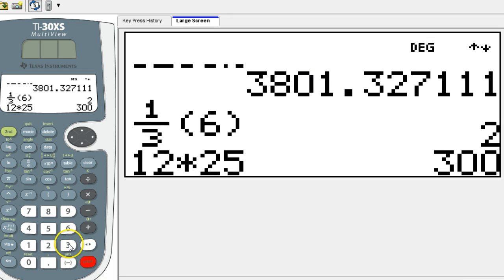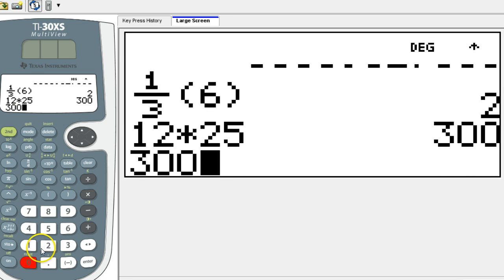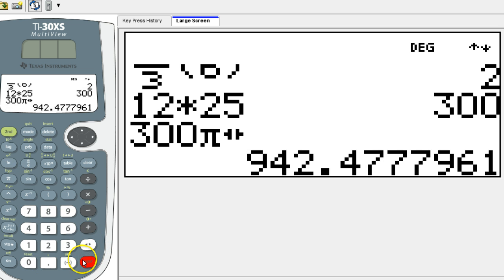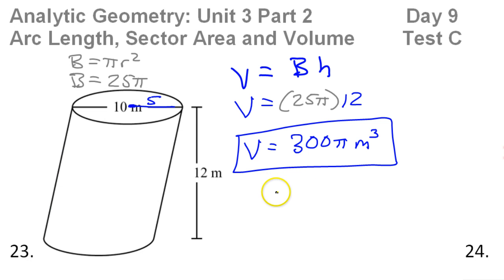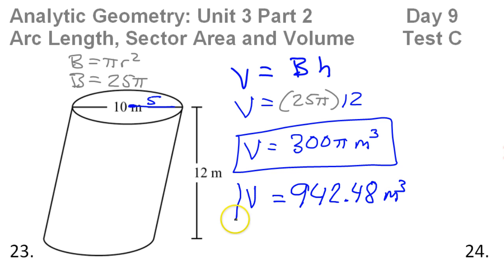Let's go ahead and get the decimal as well. 300 pi, that's 942.48. All right, so that's number 23.